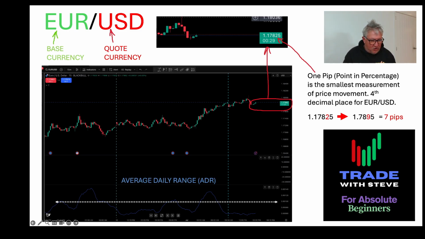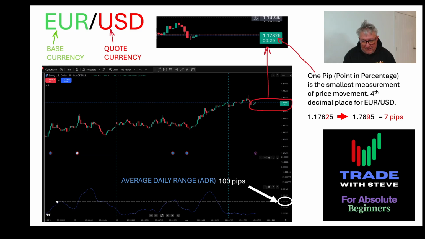Now down the bottom of the chart here, you can see this blue line, and that's an indicator called the average daily range, or the ADR. And you can see that it goes up and down over time. And if we put a line roughly through the middle of that, we'll get the average number of pips that this currency pair would move in any single day.